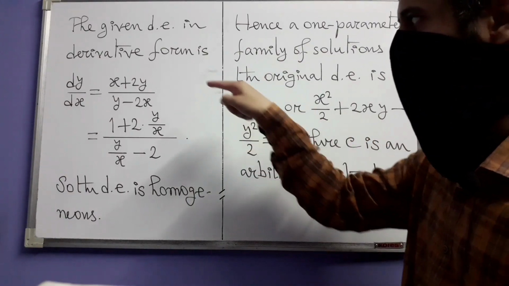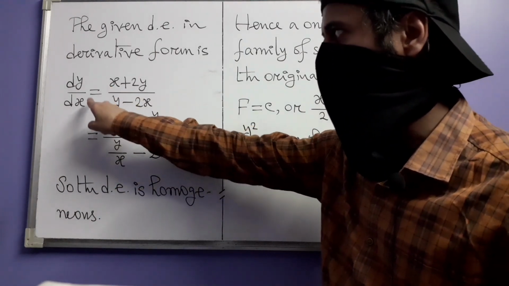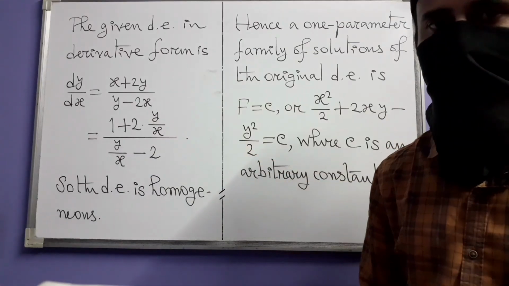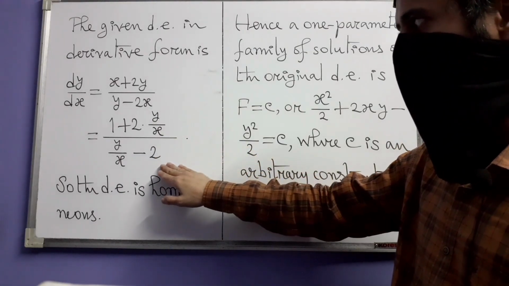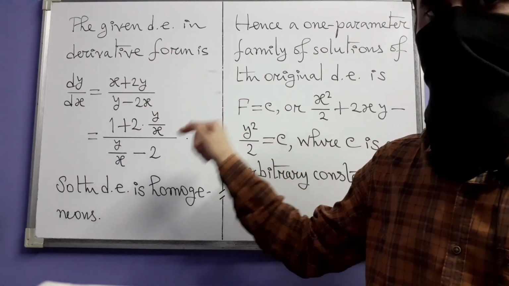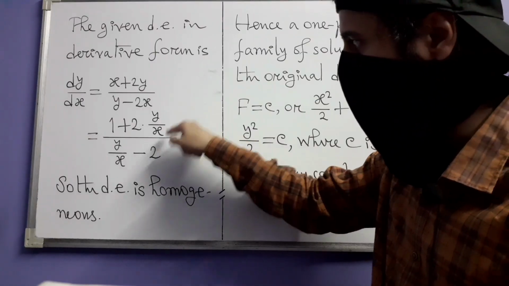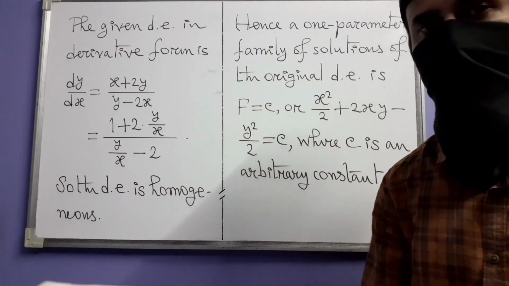We turn it into derivative form, and in this form it looks like this: dy/dx equals (x plus 2y) divided by (y minus 2x). Dividing the numerator and denominator by x, you turn this ratio into a form where the entire thing becomes a function of y divided by x, and that is why the differential equation is homogeneous.